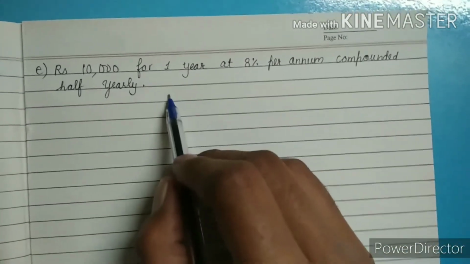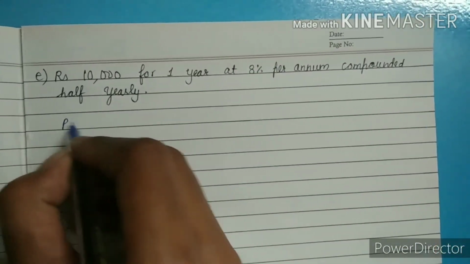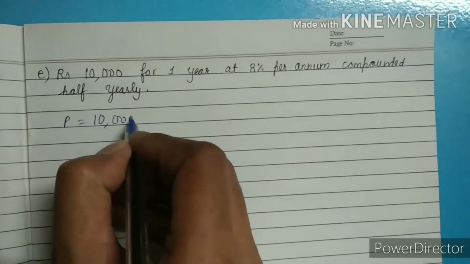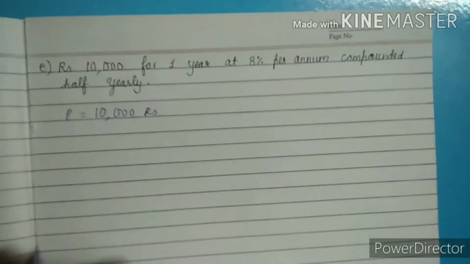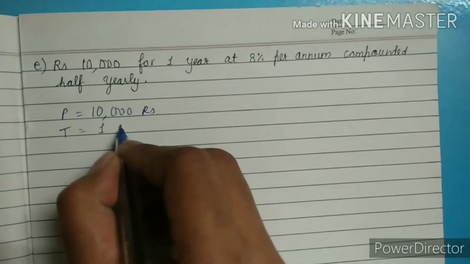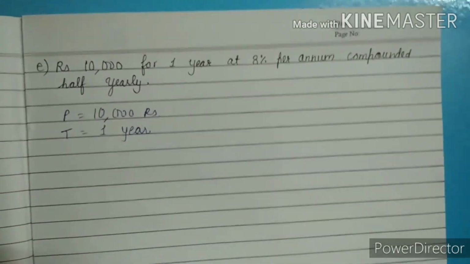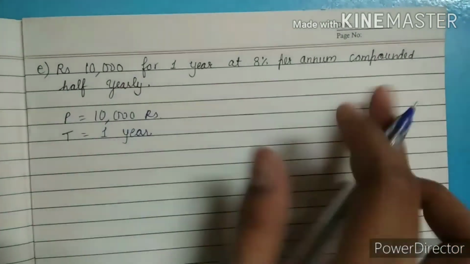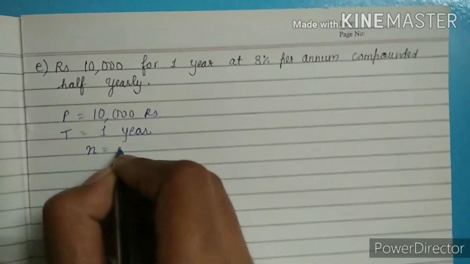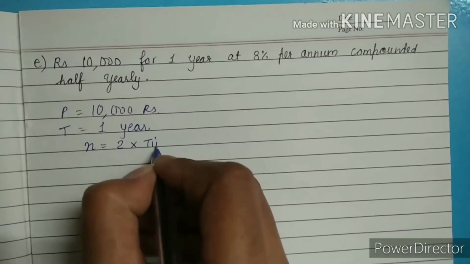compounded half yearly. So principal is 10,000, in the principal nothing will change. Time is 1 year. You can easily see half yearly compounded. Interest is compounded half yearly. So our n will become 2 into time.